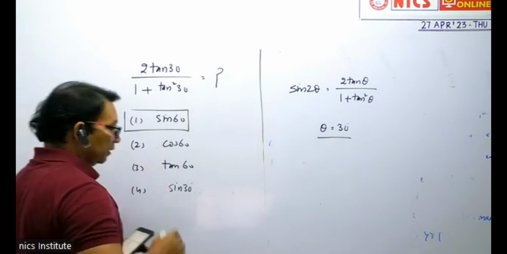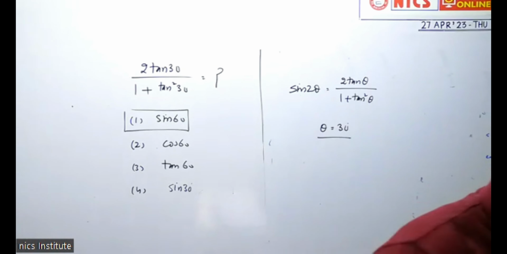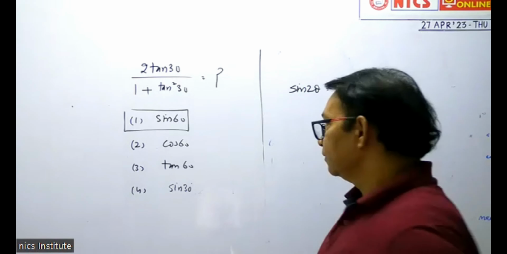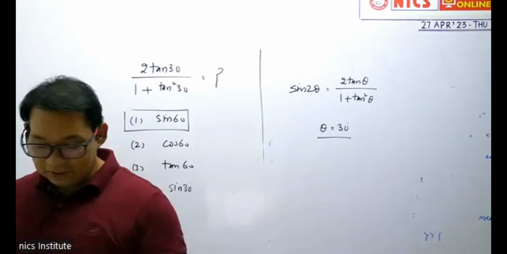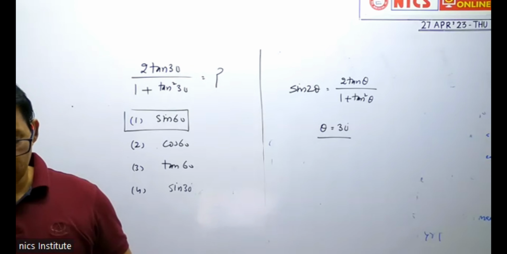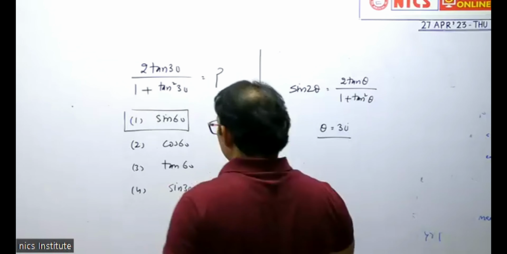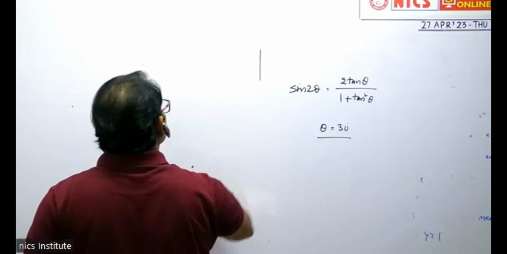So simple, even I can answer this. Sir, I thought it was 2 tan 30 by 1. That makes no sense. Yes. Right. If you have any other question, you can send it to me.